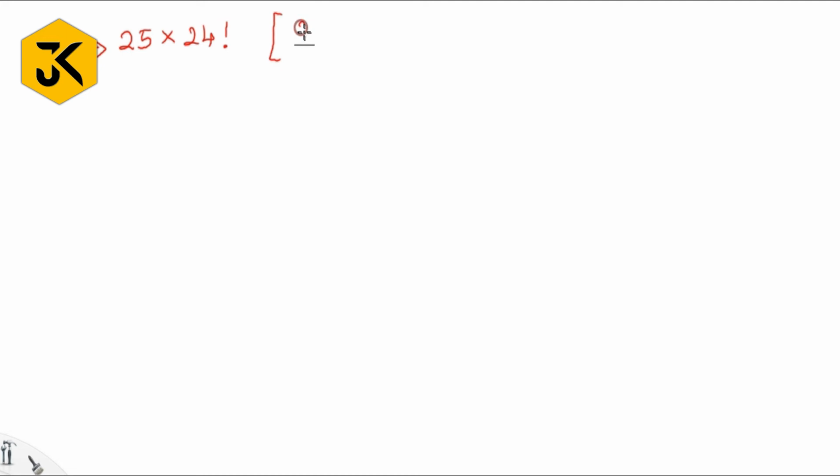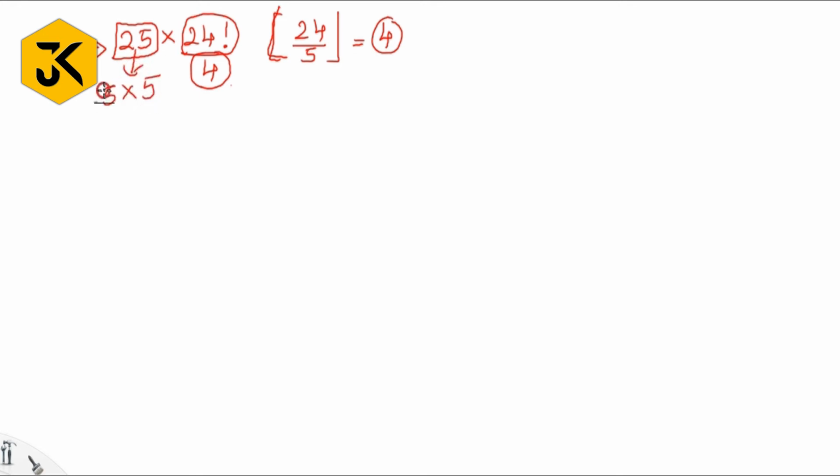So up to 24 factorial, how many 5s are there? 24 floor by 5. 5 4s are 20. So total up to 24 factorial, I got 4 5s. What about this 25? In how many ways can I write this 25? This I can write as 5 multiplied with 5. So in 25 factorial, I got a total of 6 trailing zeros.